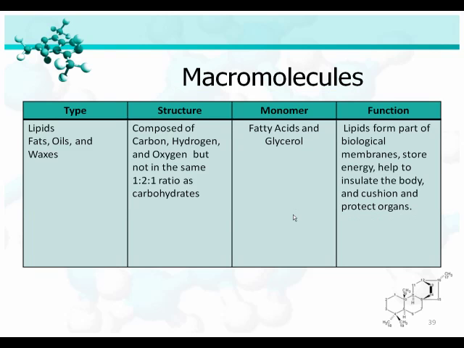If you look at the structure, lipids are composed of carbon, hydrogen, and oxygen, but not in the same 1-to-1 ratio as carbohydrates. Your monomers for your lipids are fatty acids and glycerol. You look at the function of lipids. Lipids form parts of biological membranes. They store energy. They help insulate the body and cushion and protect organs.